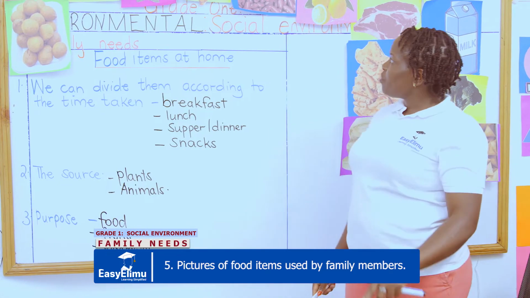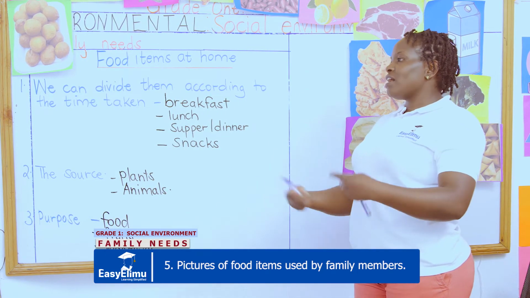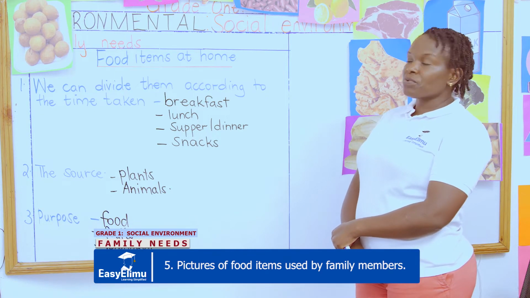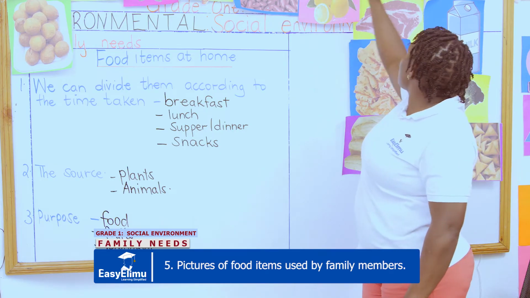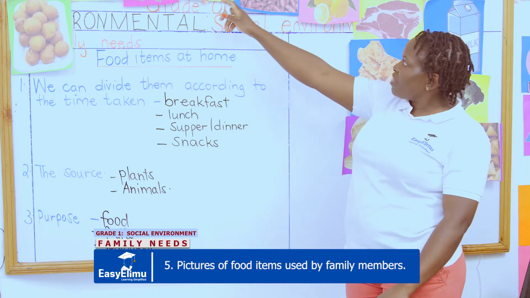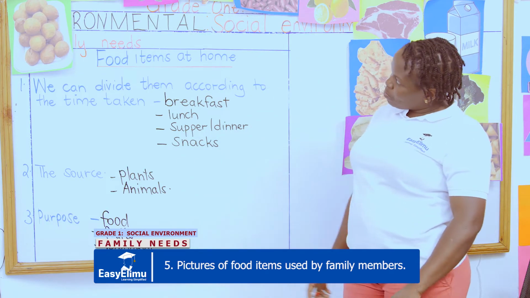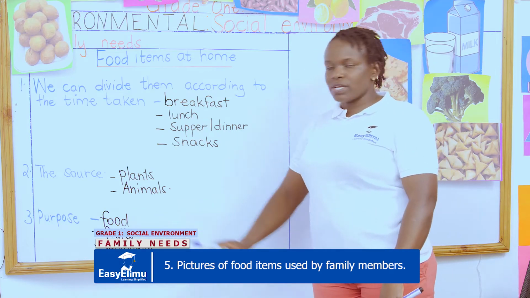Then we have a lemon here. Do we eat lemon as food? Can I eat lemon and say, I've eaten food? No. Lemon will be eaten as a fruit. Then we have the others, the rice, the cassava, the sausage, the chicken, beans, fish, potatoes, arrowroots. All those are eaten as food.